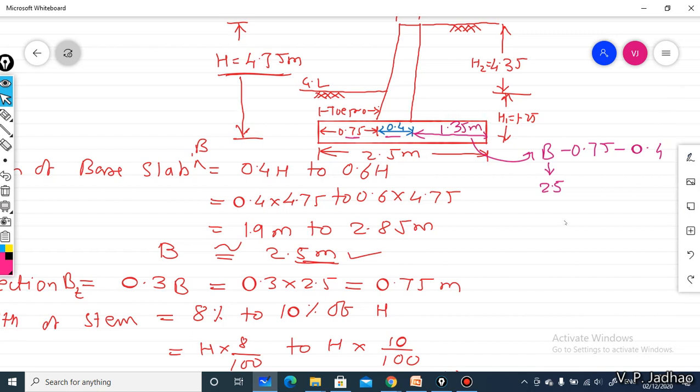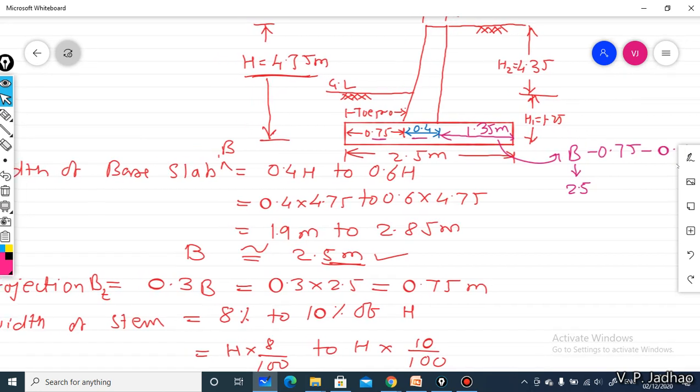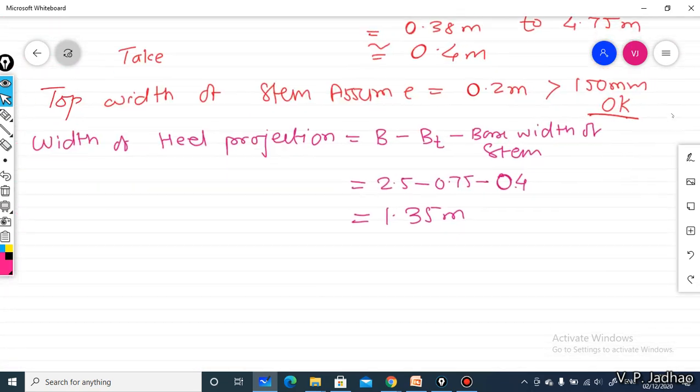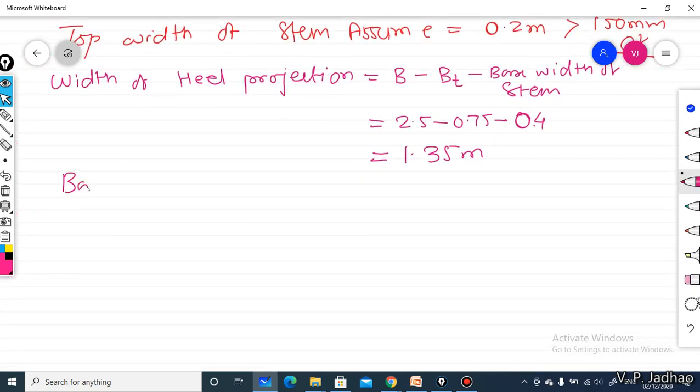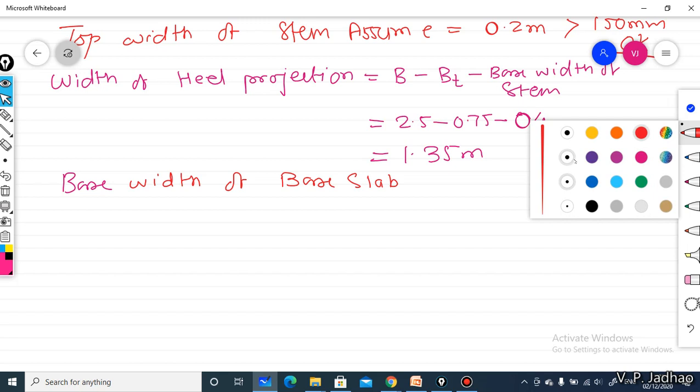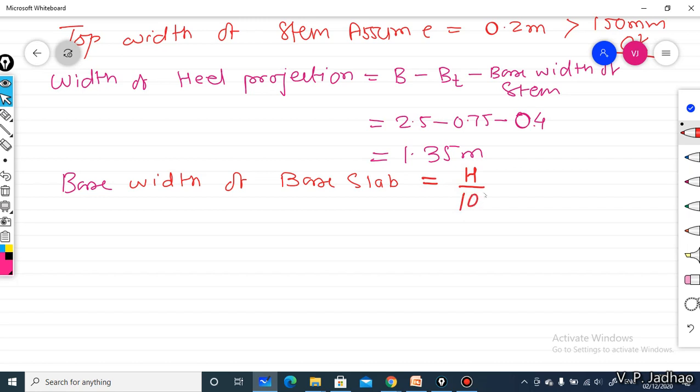Now we have to calculate the thickness of your base slab, this value. The base slab thickness is given by the formula h by 10 to h by 15.